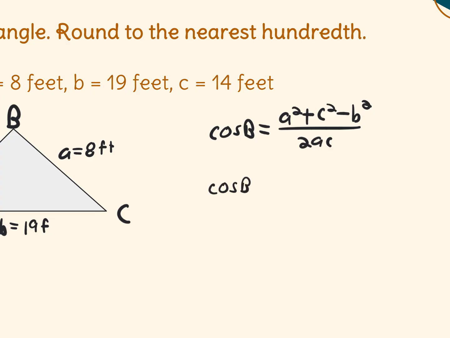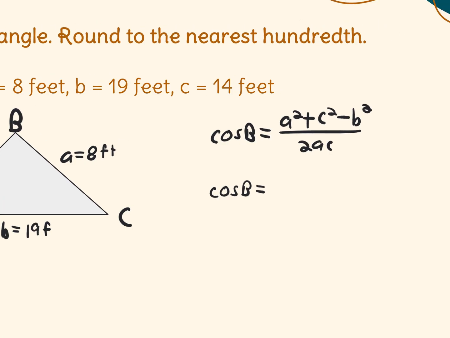So this is going to be cosine of B equals, yeah, always the largest one. Right? So this is going to be 8 squared plus 14 squared minus 19 squared over 2 times 8 times 14.